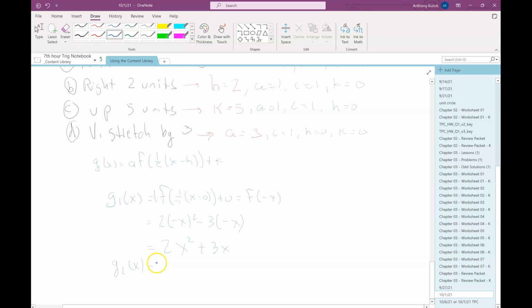So in my next step, my h is 2, but I'm going to do that on the previous answer. So that all simplifies down to just g1 of x minus 2.